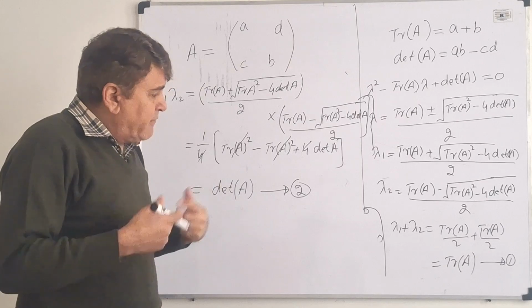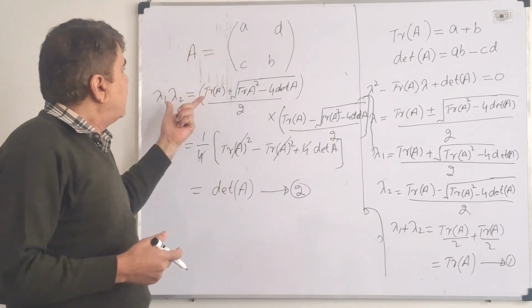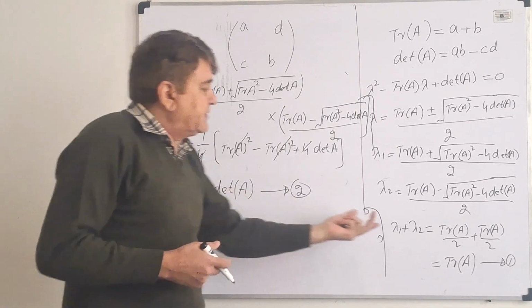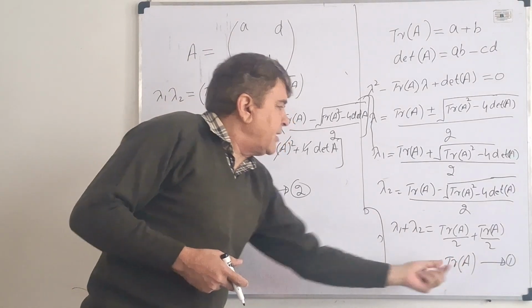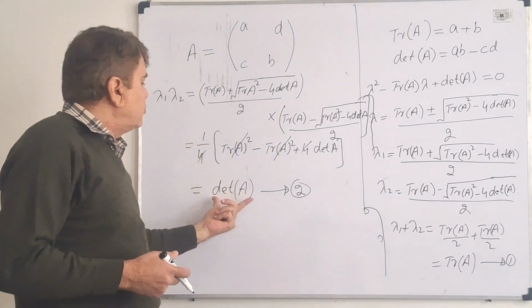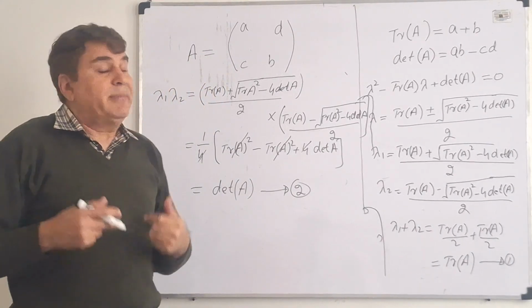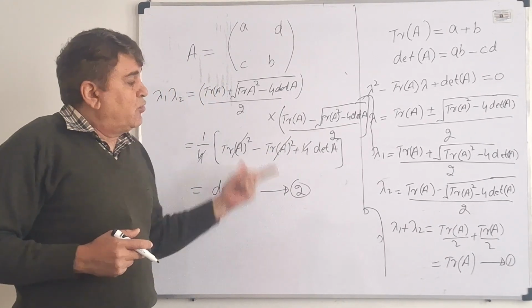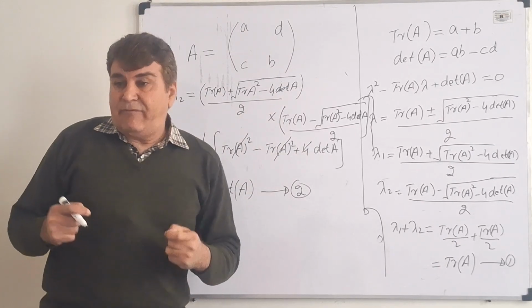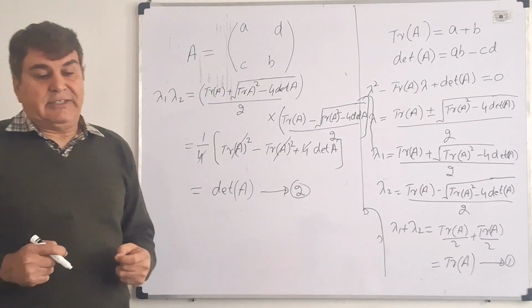So this is another way of finding the eigenvalues of a 2 cross 2 matrix. That is, set the sum of the eigenvalues to trace of A, the product of the eigenvalues to determinant of A, and then solve the two equations for lambda 1 and lambda 2. This way you can get the eigenvalues of a 2 by 2 square matrix.